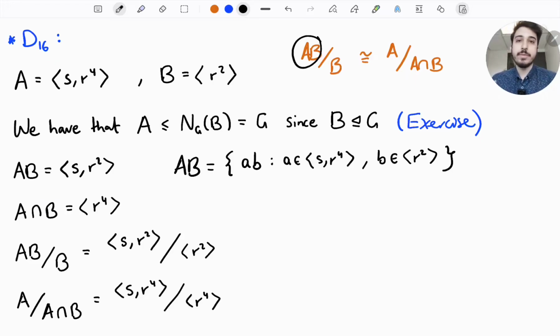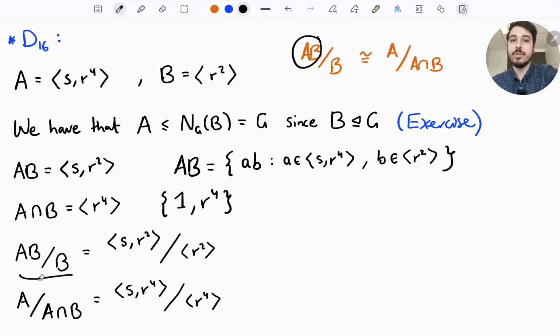So after some verification, playing around with the elements, we find that they're all generated by S and R2. Now, A intersect B is just the elements that are generated by R4, so it's just 1 and R4, 2 elements.